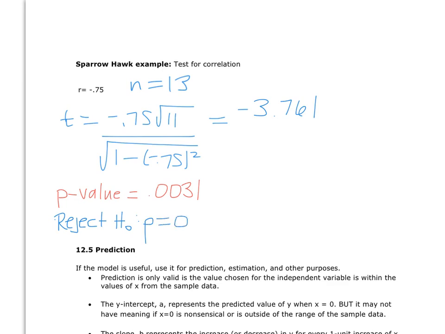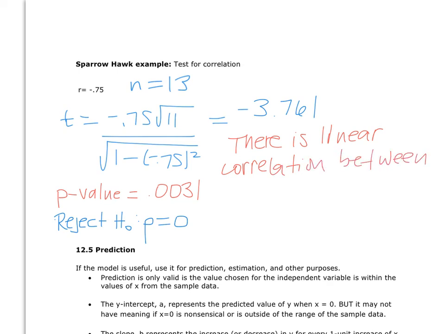And we can conclude that there is linear correlation between the percent of returning hawks and percent of new hawks in these colonies.